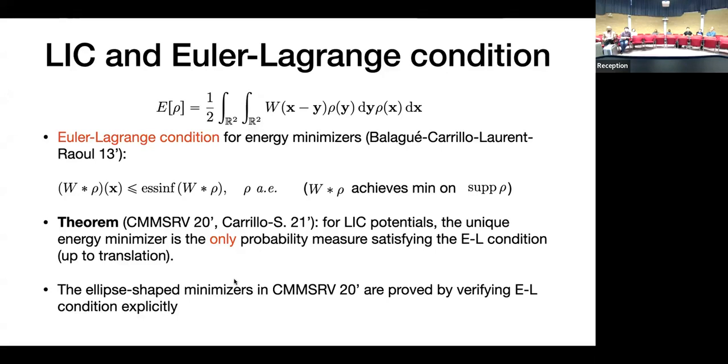And actually, the ellipse-shaped minimizers in the previous work are proved just by verifying the Euler-Lagrange condition for the ellipse-shaped minimizers. Because once you have the LIC property, and also you verified that some rho satisfies this Euler-Lagrange condition, then you can directly say that this rho is the unique energy minimizer.